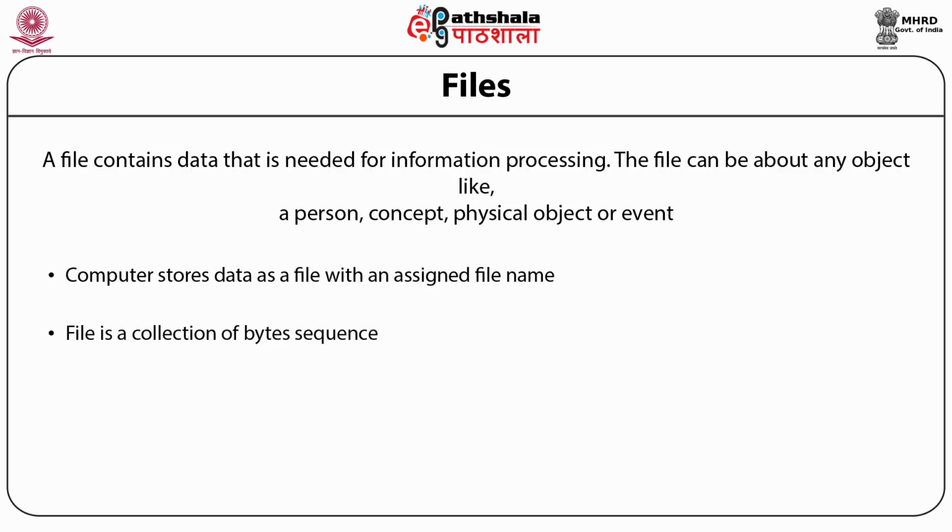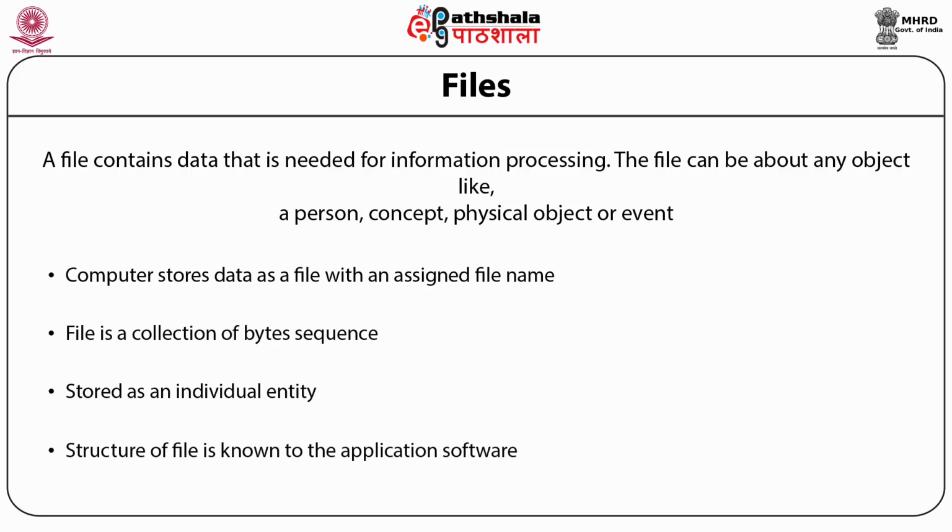These files contain byte sequences, which are ultimately read by certain application software and create a meaningful display for us on screen or any kind of output device. So the smallest unit which can store data in our computer is the file.